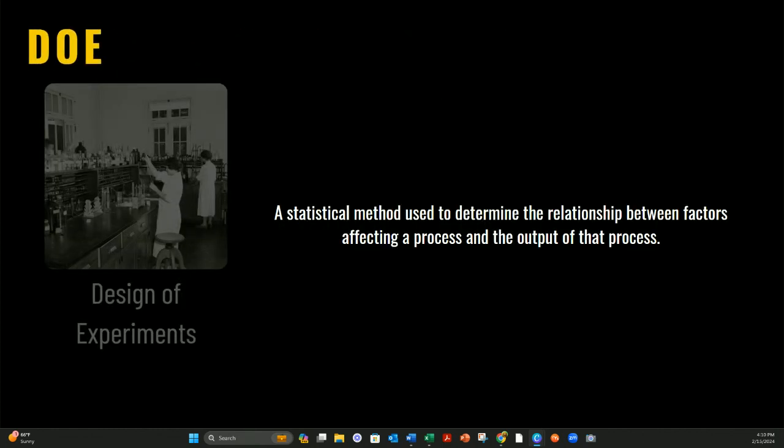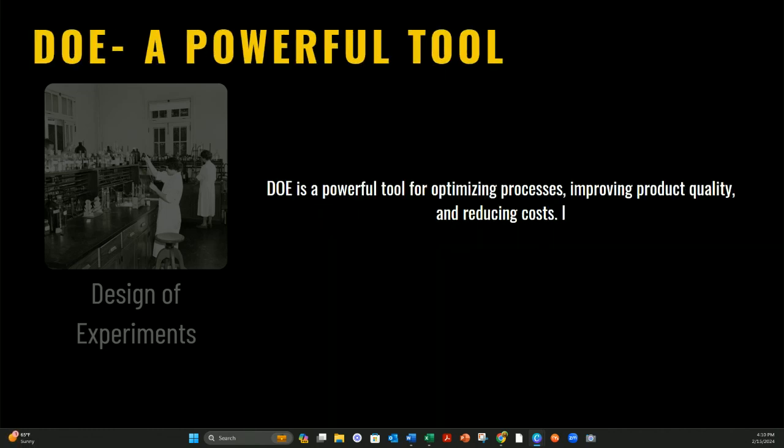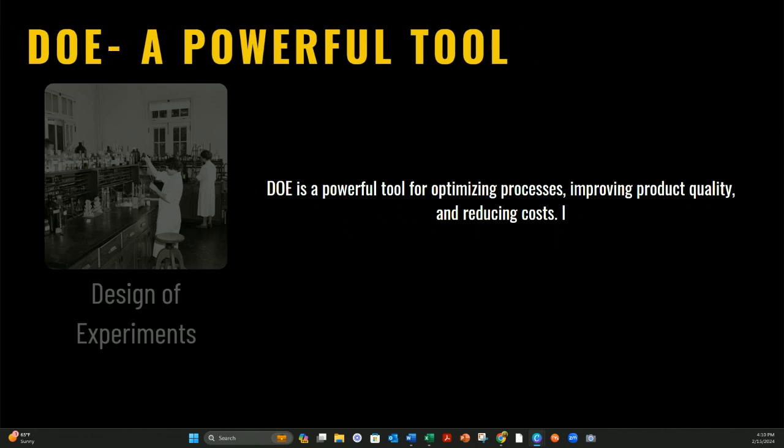DOE is a statistical method used to determine the relationships between factors affecting a process and the output of that process. DOE, design of experiments, is a powerful tool for optimizing processes, improving product quality, and reducing cost.